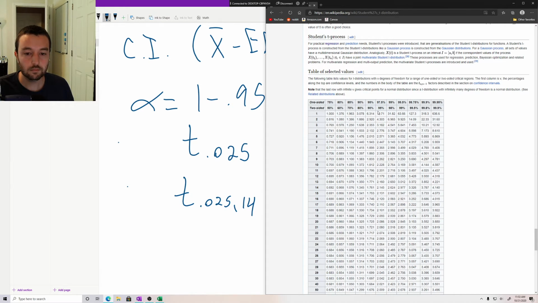Okay. So we're in this column because of the 0.025, so the left of it is 97.5. And then we're going down to 14 degrees of freedom. So we line up right here: 2.145. Okay.